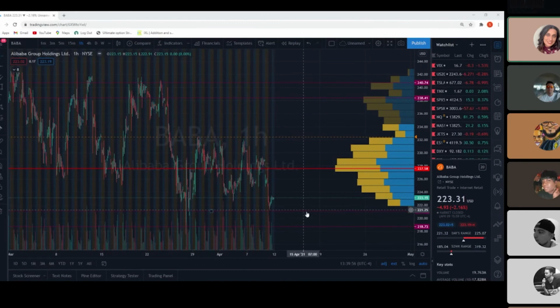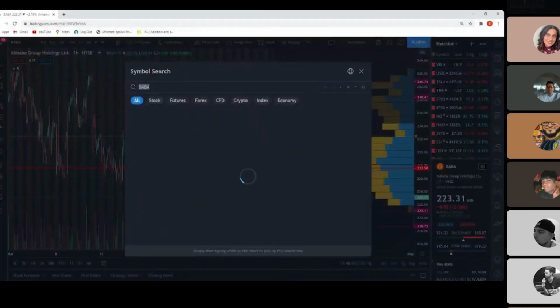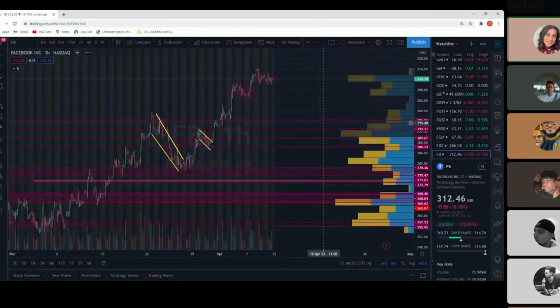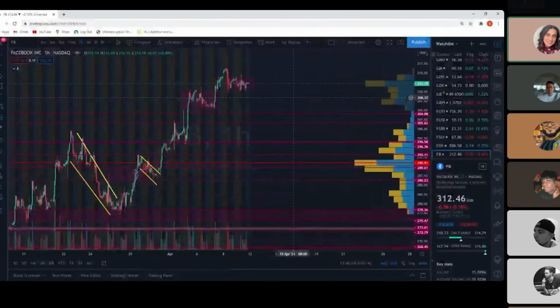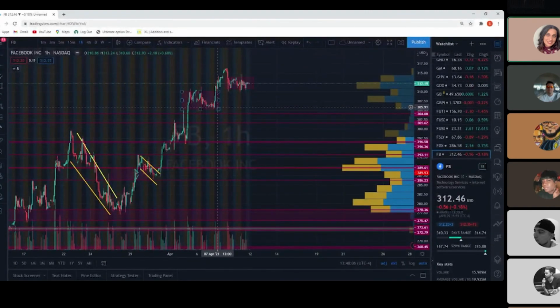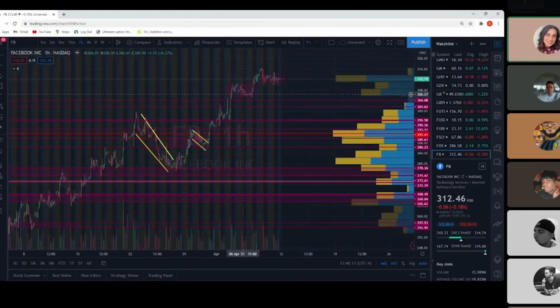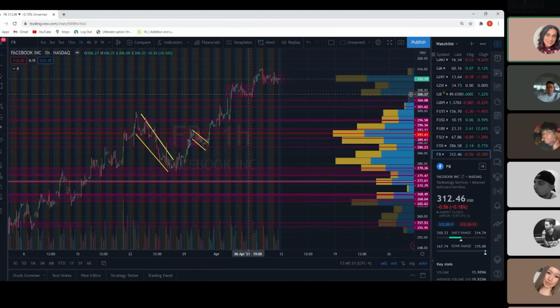Then you can look at the shorter time frames if it's breaking a 52-week high, like Facebook did. Like I said, you can go into the shorter time frames. This is an hourly time frame, and you can make these zones, because price has only touched this area within a small time frame, within a week or even a couple of weeks.